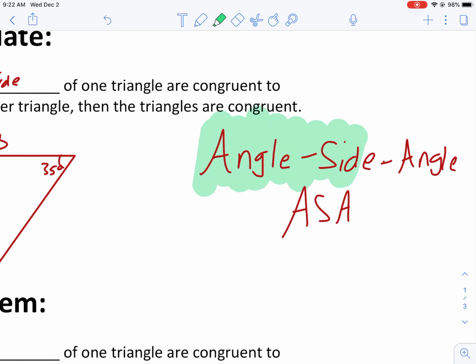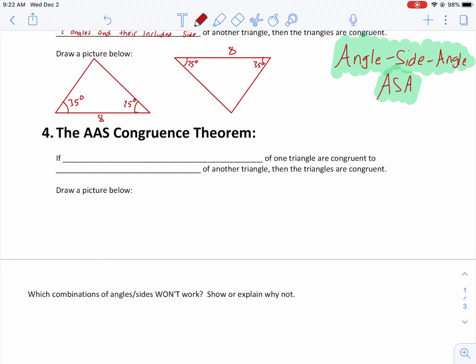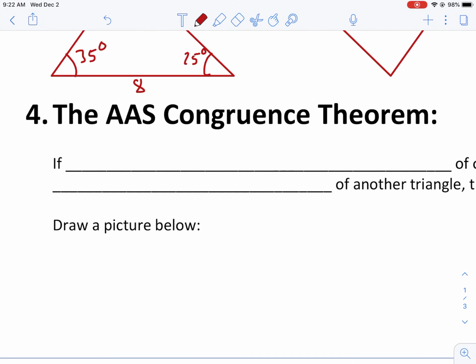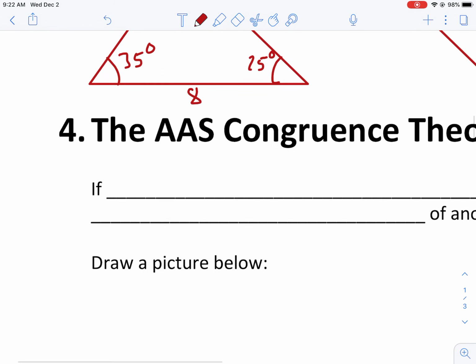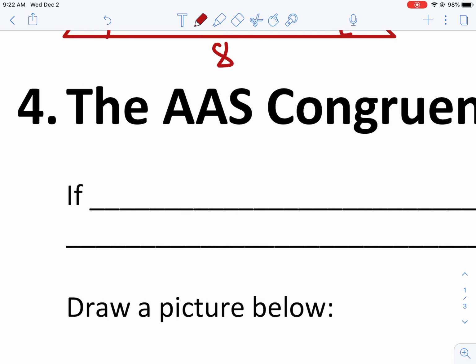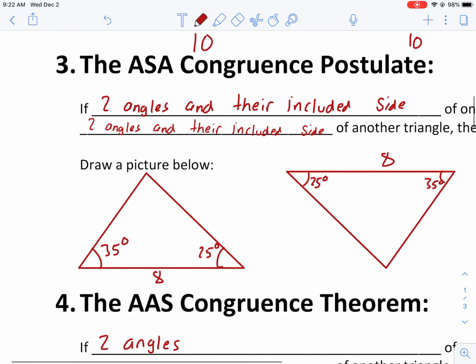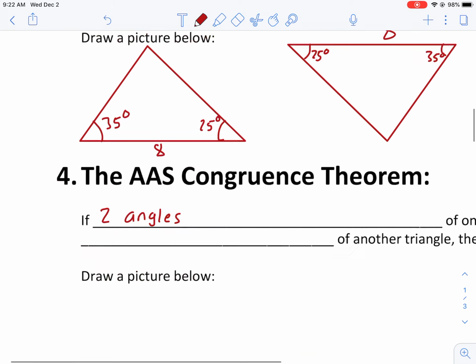So we've actually got 5 that you need to know. All right? So you need to make sure that you know all 5. The next one is actually AAS. So for this one, you still have 2 angles and a side, but the side's not in between the 2 angles. So you actually don't need the side to be in between the 2 angles. If you just have 2 angles and a side at all, then you're going to be using one of these two.